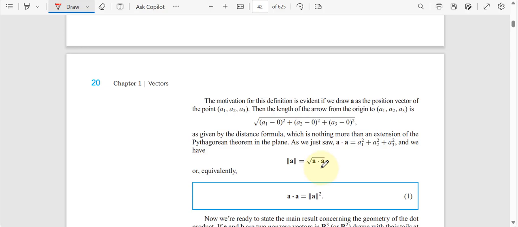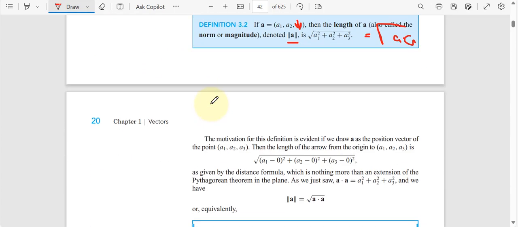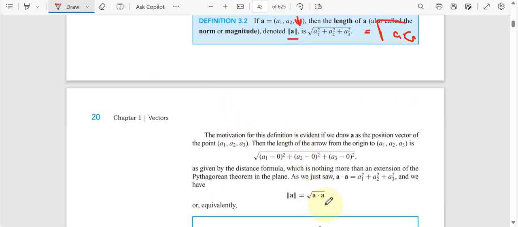And it's related to the dot product. We can express it in terms of the dot product. But it really comes from the Pythagorean theorem, or in 3 dimensions, just another version of the Pythagorean theorem, sort of. It really comes from that, but now we can express it in terms of just the dot product.